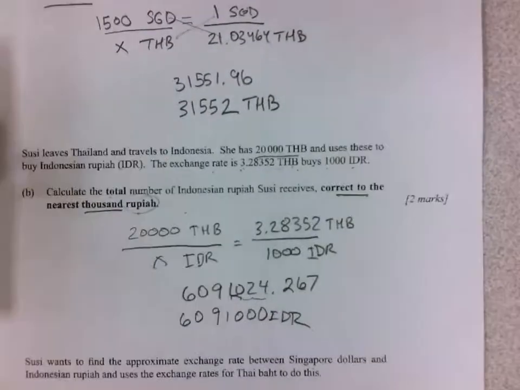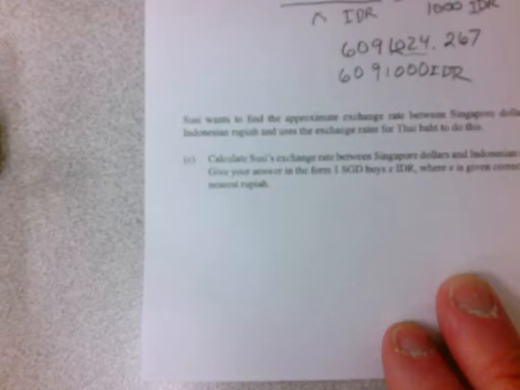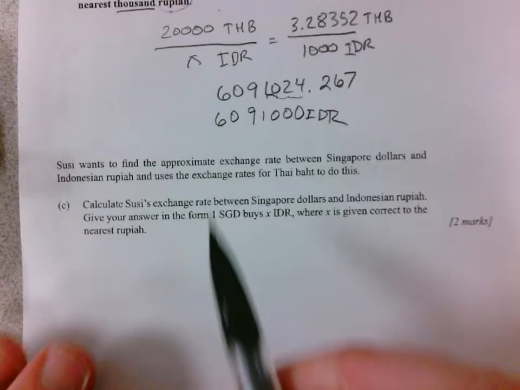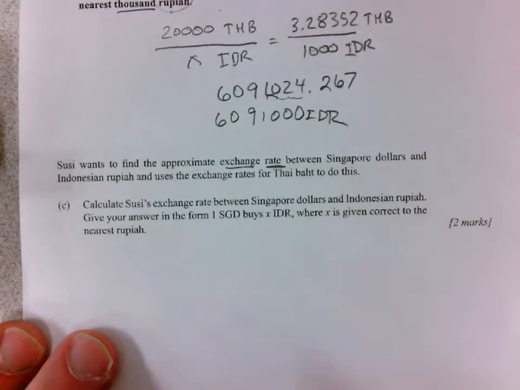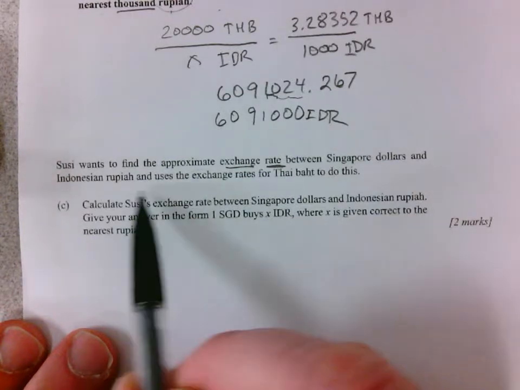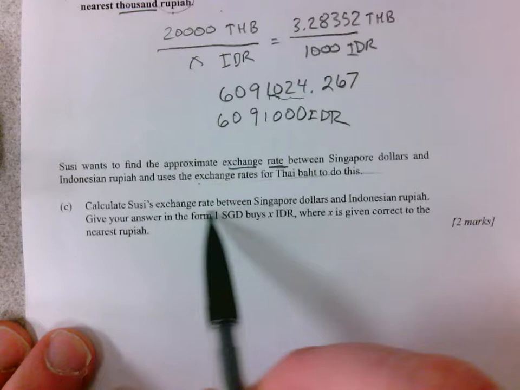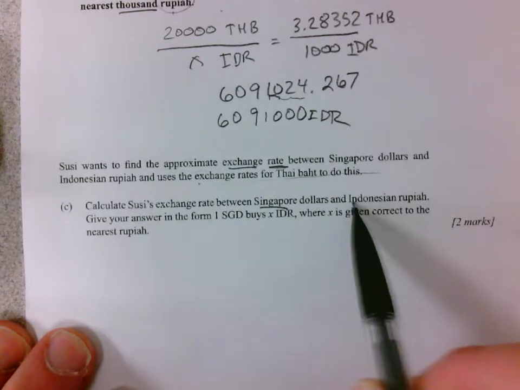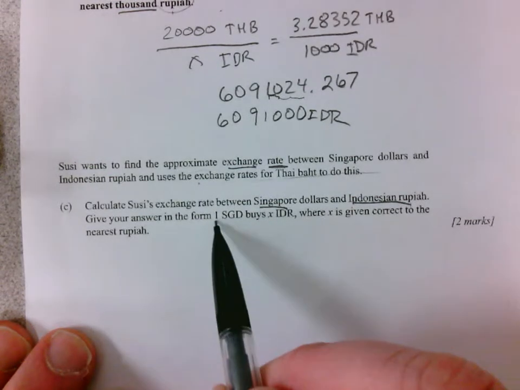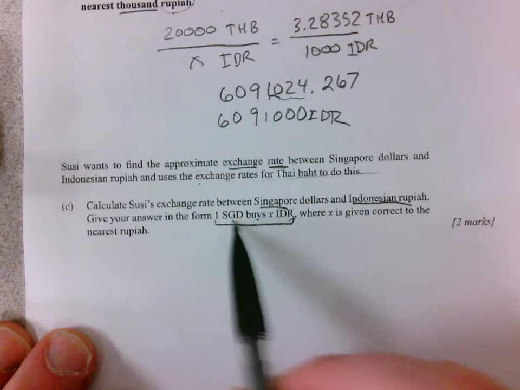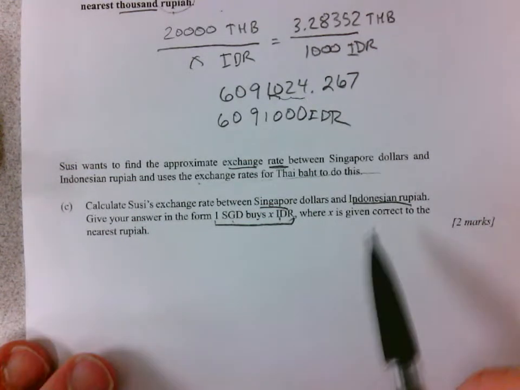Last step. She wants to find an approximate exchange rate. So we're finding a rate between the two units, and uses exchange rates for Thai baht to do this. Calculate Susie's exchange rate between Singapore dollars and Indonesian rupiah. Give your answer in the form 1 Singapore dollar buys X IDR, where X is given to the nearest rupiah.